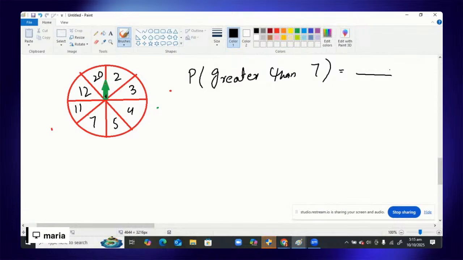So, what is the total? First of all, we are going to write the total. It's 1, 2, 3, 4, 5, 6, 7, and 8. Let me just put 8 here in the denominator. Now, you guys tell me what is the probability that the number is greater than 7 and which number I'm going to put here. Hurry up, everyone. Tell me the answer.